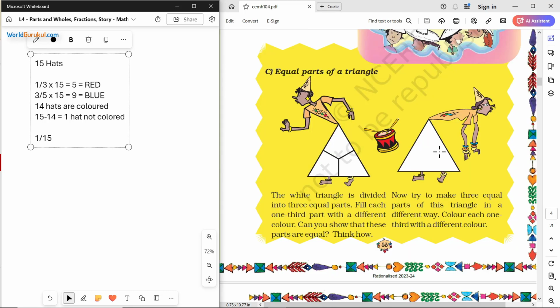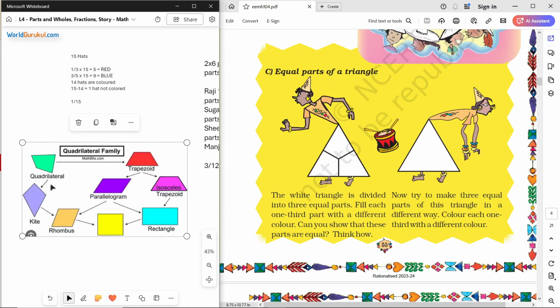Equal parts of a triangle. Here the white triangle is divided into 3 equal parts. As you see, this is the center point of this side, and they are joined to the center of this triangle. These 3 are equal parts. Each part has 4 sides.